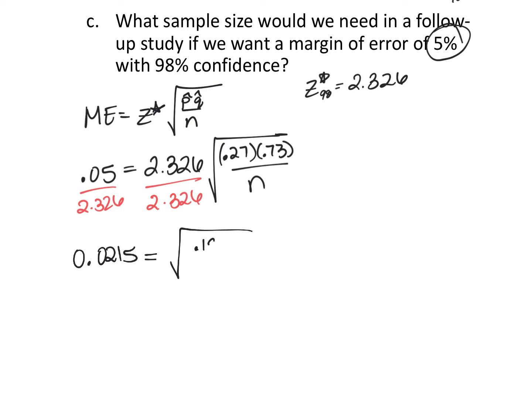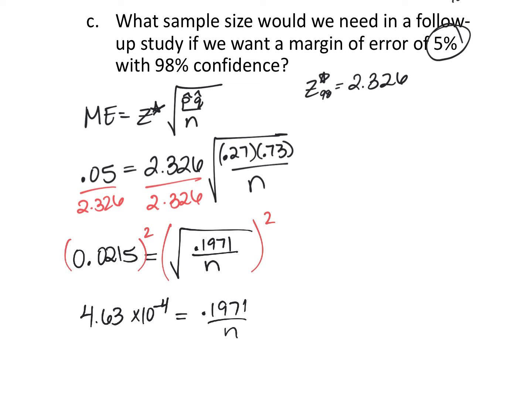That's 0.1971 over n. I just multiplied the 0.27 times the 0.73. So to undo the square root, we square both sides. So we get 4.63 times 10 to the negative 4 equals 0.1971 divided by n.